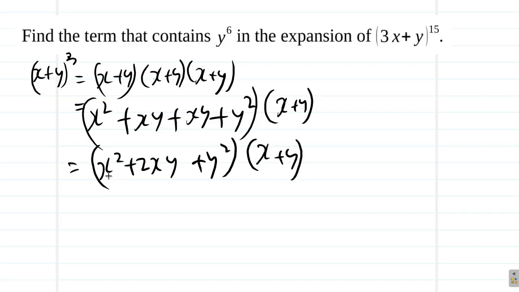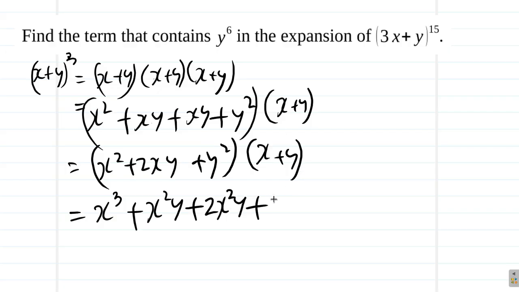After that, multiply these now. X squared by x gives you x cubed, plus x squared by y gives you x squared y, plus 2xy times x gives you 2x squared y, plus 2xy by y gives you 2xy squared, plus y squared times x gives you xy squared, plus y squared by y gives you y cubed.